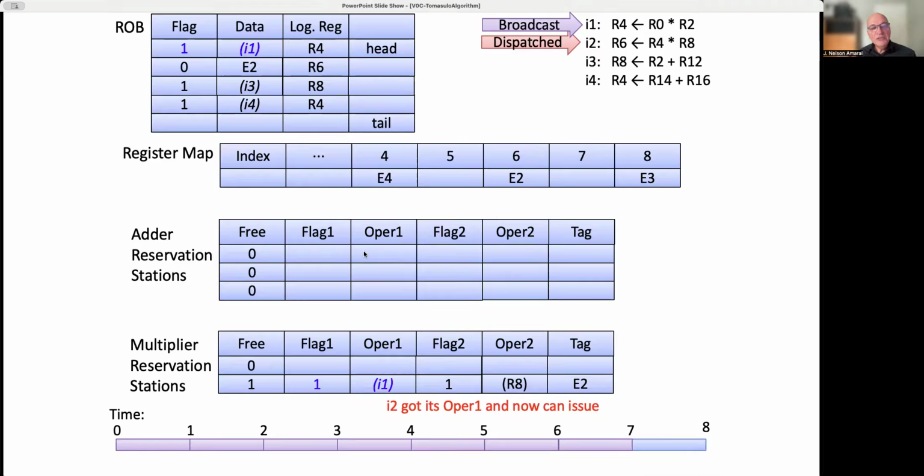As you can see, the values are passed between instructions most of the time in the reorder buffer. The registers still are necessary. Why are the registers necessary? Because I may have a large number of instructions between the definition and the use of a register. So the instruction that produced the value may have retired already when I get to the issue of the instruction that's consuming the value.